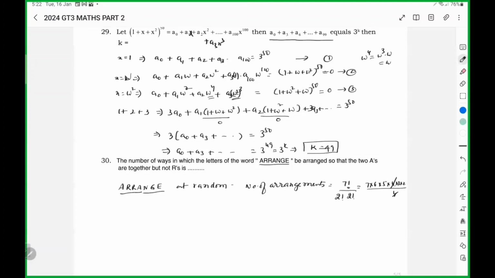Here it is 6 into 5, 30. So this is 30 into 42. 1260 possibilities.